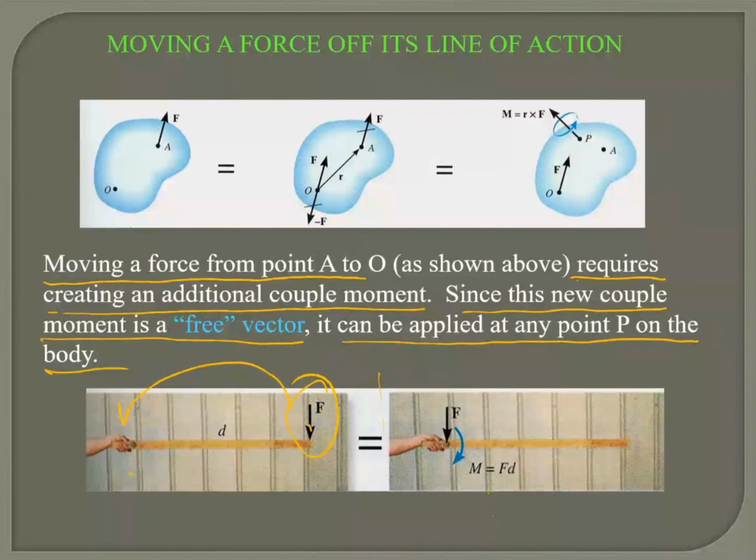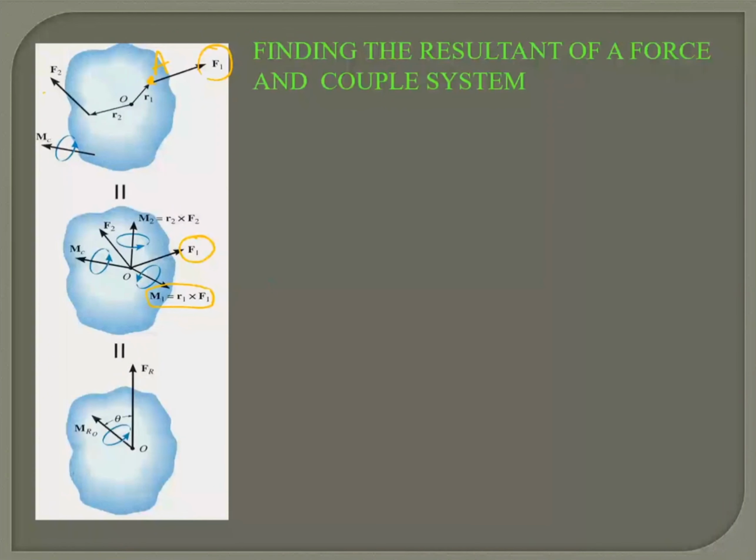So in simple words, if you move a force from one point to another point, you have to create a couple moment also. Similarly, if you look at here, I've got this force F1. I want to move it from this point to O. So I brought it to O, and I've also created a couple moment. Similarly, I want to bring my F2 to O. My F2 is at O, and I've got its couple moment acting also.